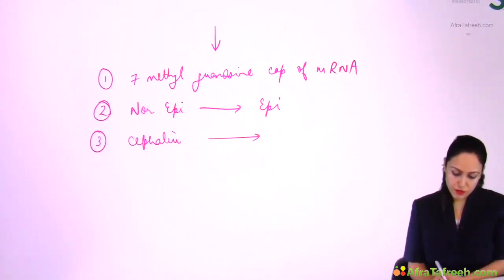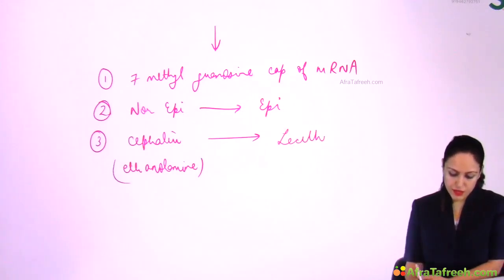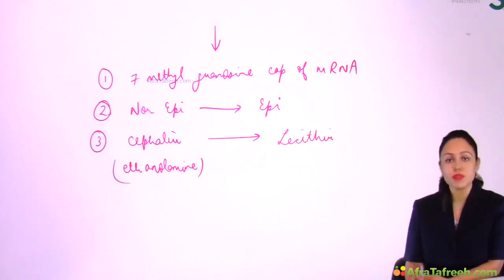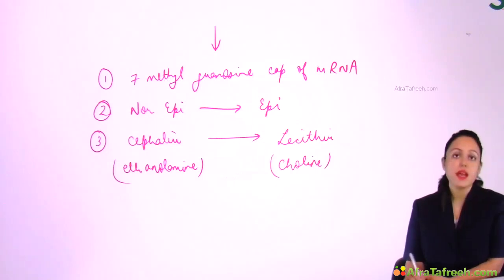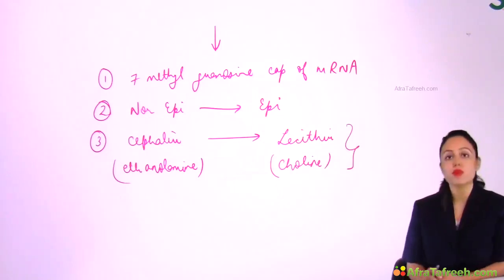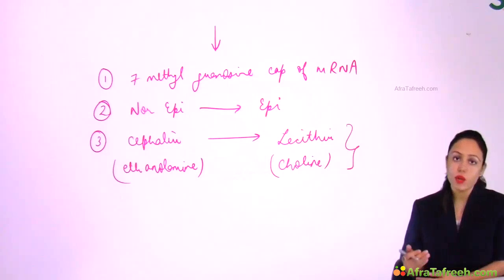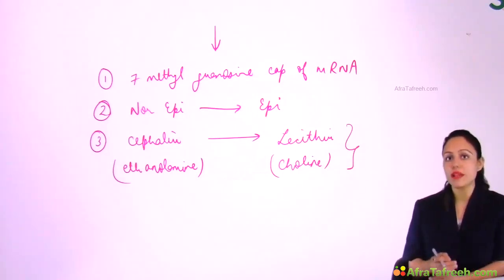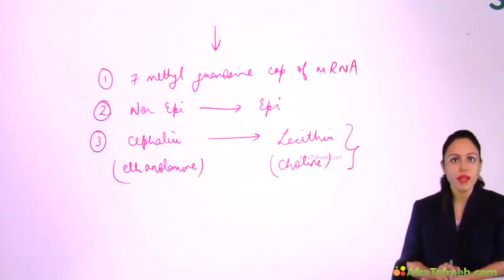Cephalin, which contains the nitrogenous base ethanolamine, that is converted to lecithin, which is a phospholipid. Cephalin, lecithin, both are phospholipids, and lecithin is having the nitrogenous base choline, and here in this reaction, from the conversion of ethanolamine to choline, we require 3 methyl groups to be added. They are also given by SAM.